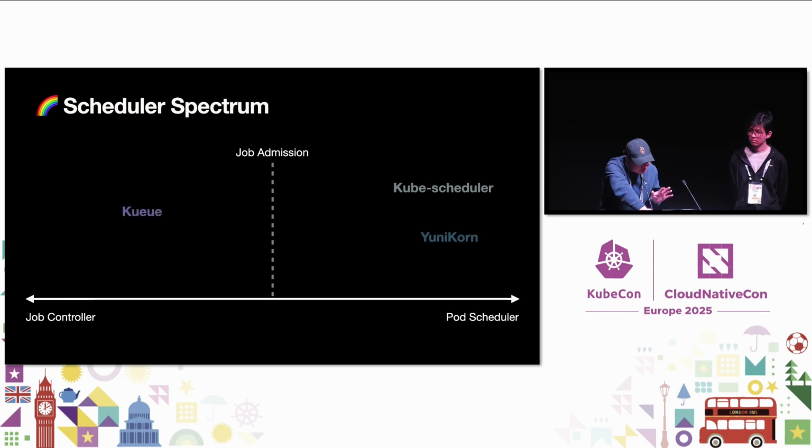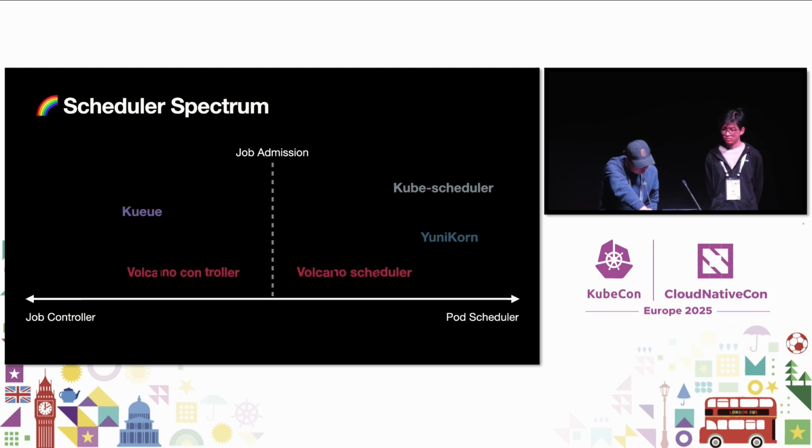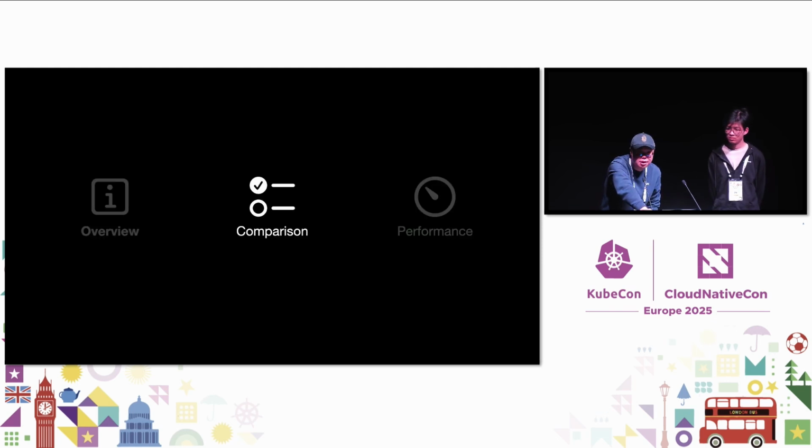KQ is more about doing the jobs at the admission and doing the job level management, the queuing thing. Volcano lands on both sides, controller and scheduler, and they have to be used all together. So this is basically the overview. Next, we will dive deep into the features.